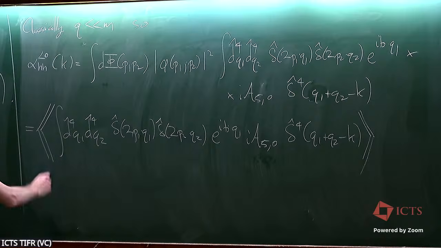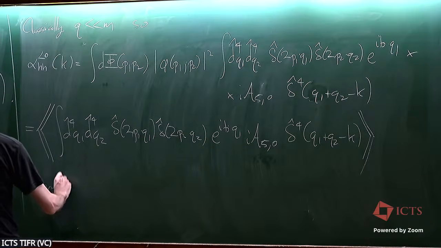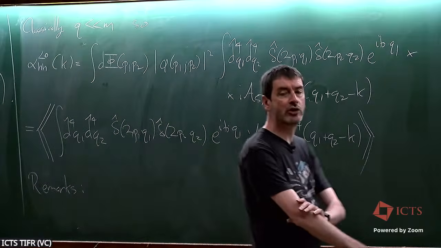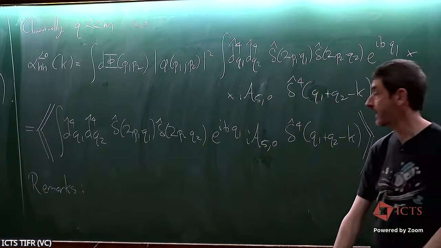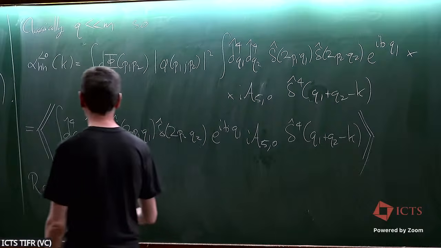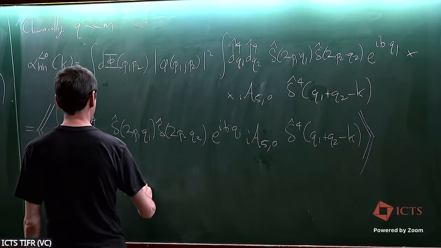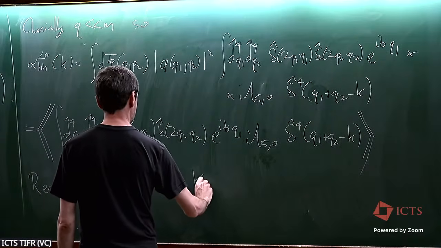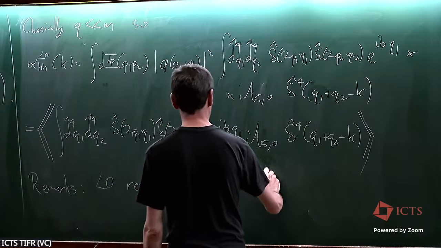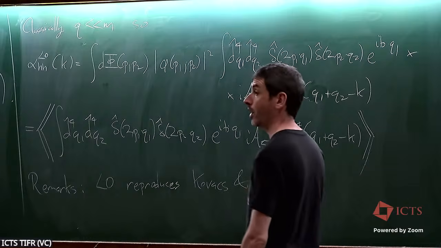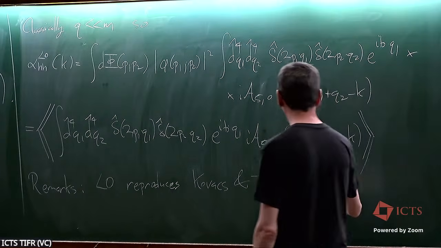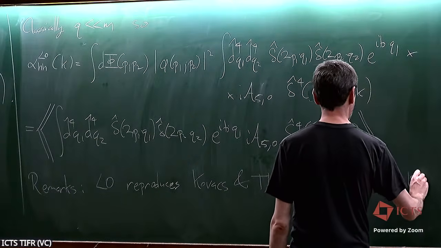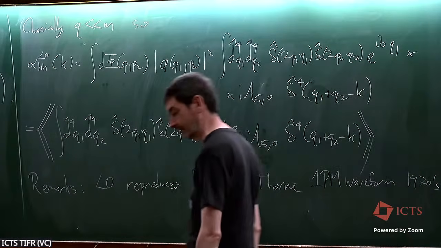Okay, now, just some remarks about this. Just to finish: if you compute the 5.3 gravitational waveform, the 5.3 gravitational amplitude, or the leading order version here, you reproduce a computation of Kovács and Thorne. So the 1PM waveform, first post-Minkowskian waveform, was first computed in the late 1970s, 77 and 78.